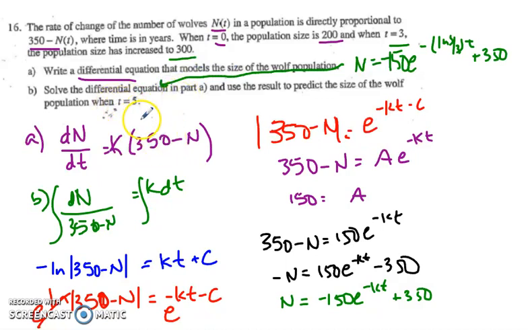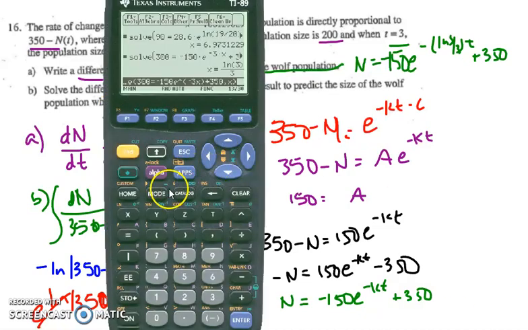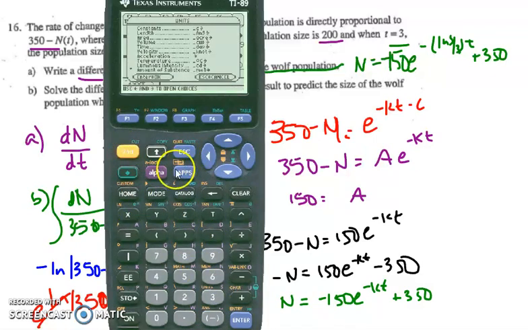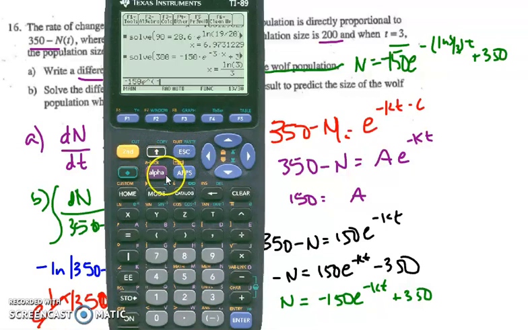Then they want us to use this equation to predict the wolf population at time equals 5. So back to the calculator. What I want to put in is negative 150 e to the negative natural log of 3, close paren on the 3, divided by 3, and then times t, close paren in that exponent, add 350.